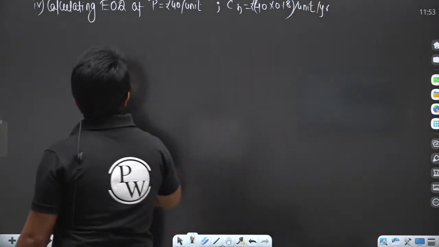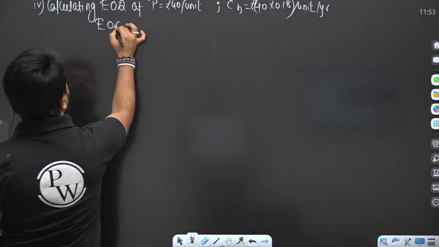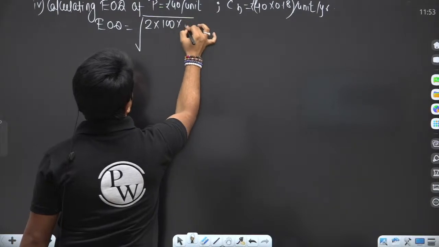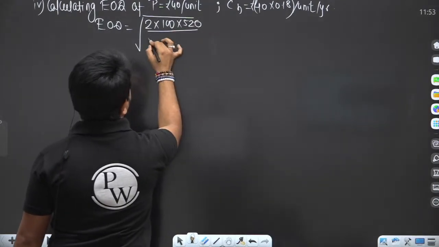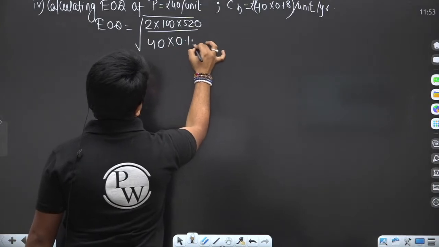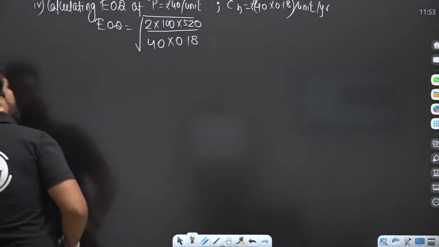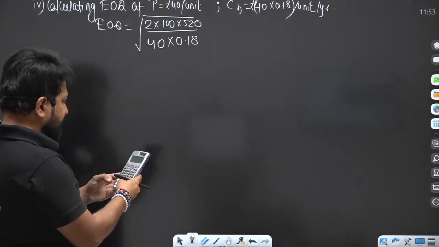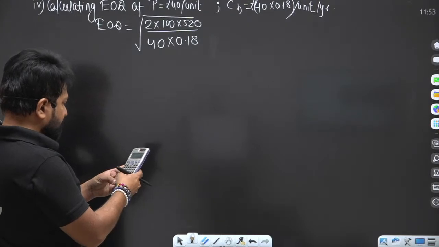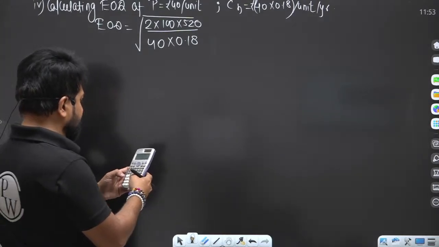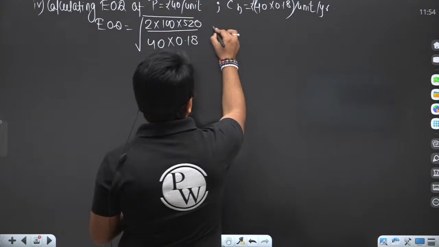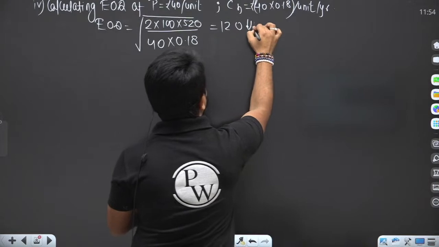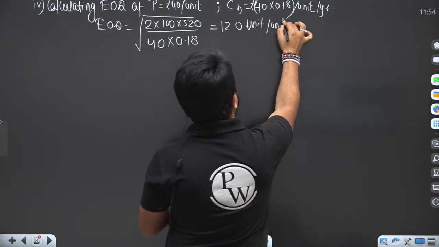The economic order quantity will be the square root of 2 into 100 into 520 divided by 40 into 0.18. It becomes root 120.120, okay, 120 units. My dear, are you following?